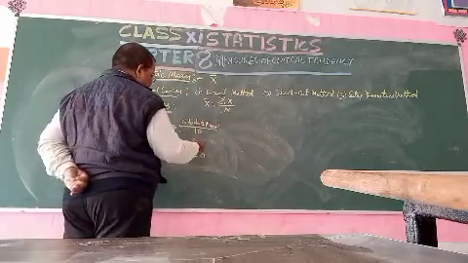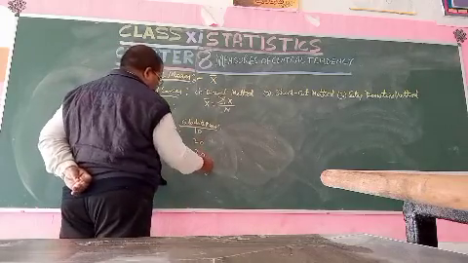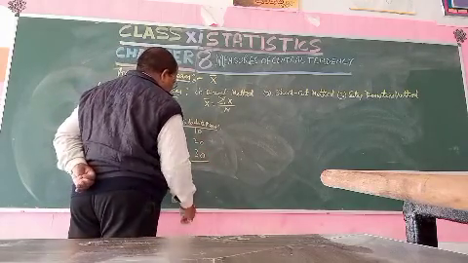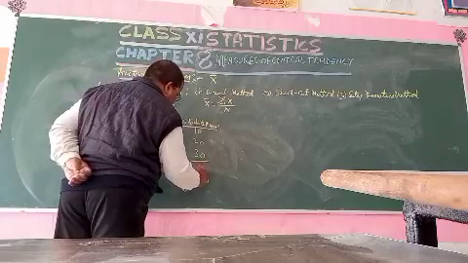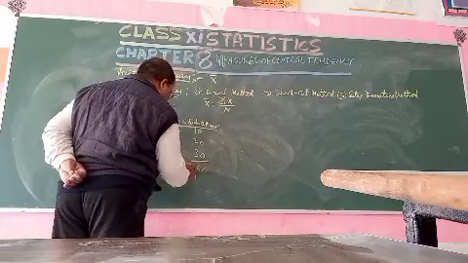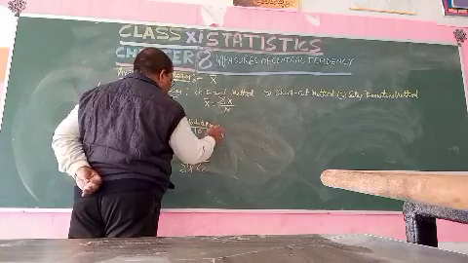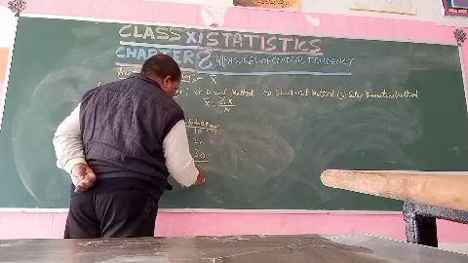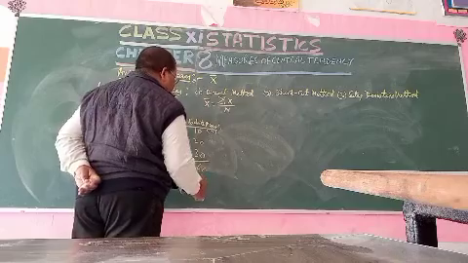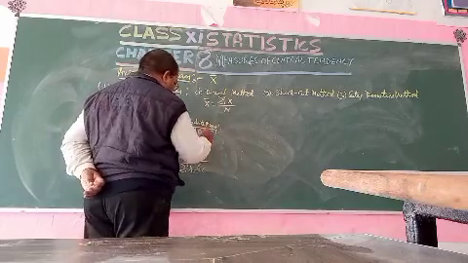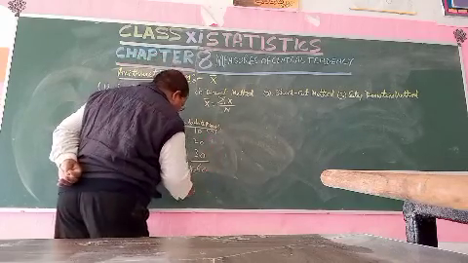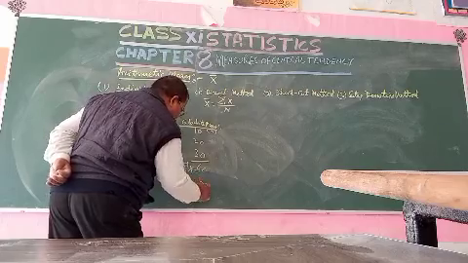Sum of X is 60, that is sigma X, and total observation n is equal to 3.